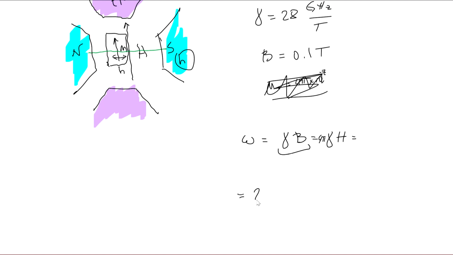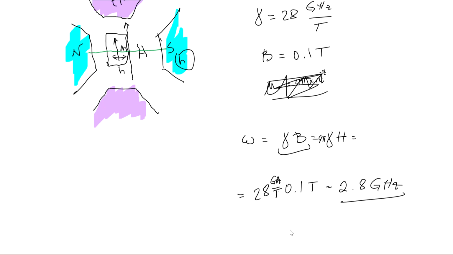So 28 times 0.1, this is gigahertz per Tesla, times 0.1 Tesla, gives 2.8 gigahertz.